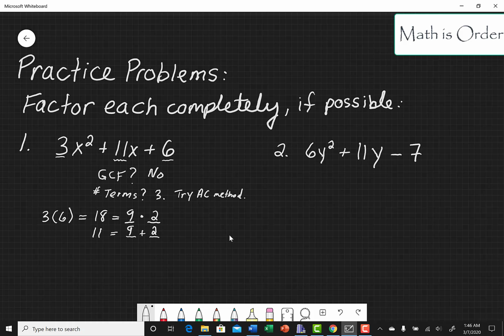So then we would rewrite the first term, rewrite the last term, and then replace the middle term by these 2 factors and include the variable on them. So 9x plus 2x plus 6.